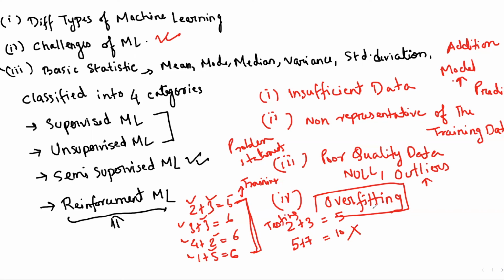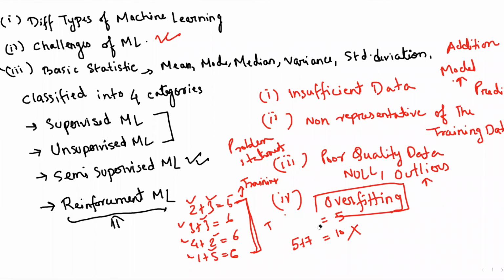I will explain overfitting in more detail in my forthcoming videos, but for now this is enough for you to make the interviewer understand what overfitting is. So these are a few of the challenges. The first two challenges I already discussed in my last video, and these are the additional four challenges that you can explain to your interviewer whenever they ask this sort of question.